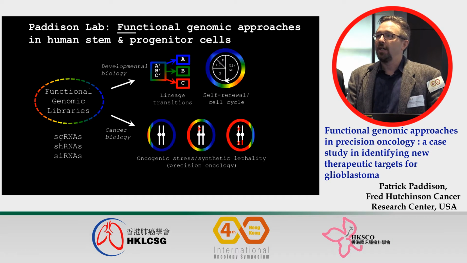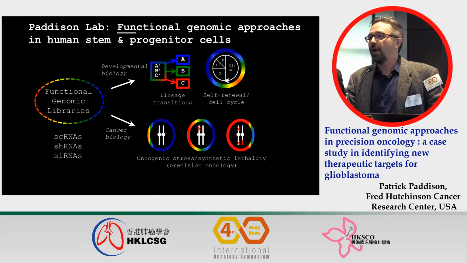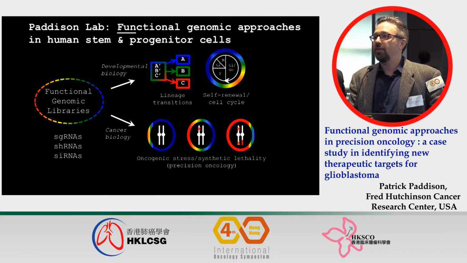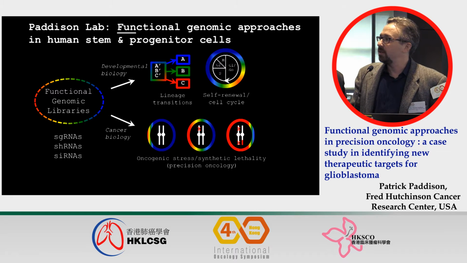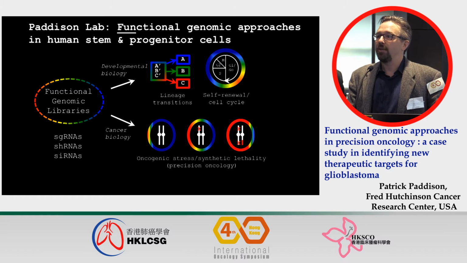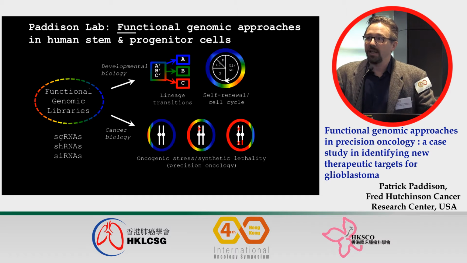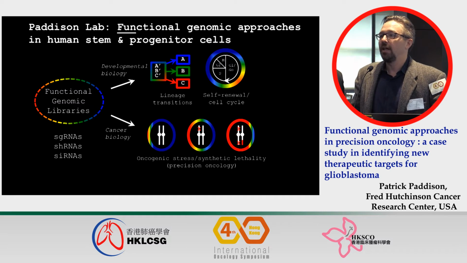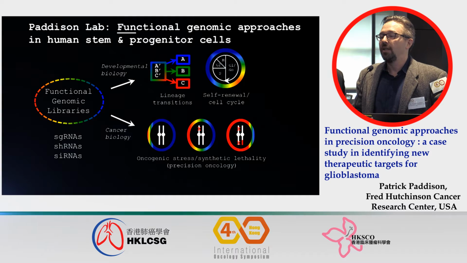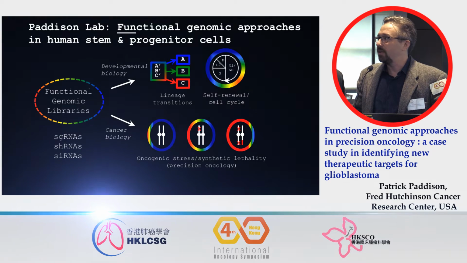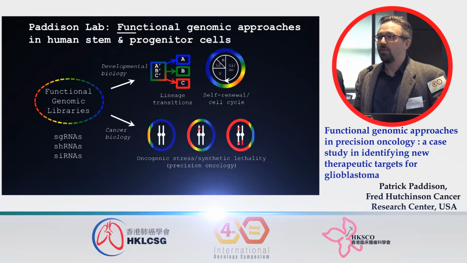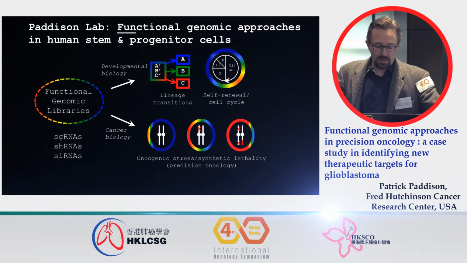One involves the maintenance and generation of functional genomic libraries, and then we have biological arms. One is focused on developmental biology, where we look at lineage transitions and cell identity pathways, and the other one that I'll focus on today is a cancer focus, where we're looking at new therapeutic targets, new cancer biology relevant to vulnerabilities induced by oncogenic stress.